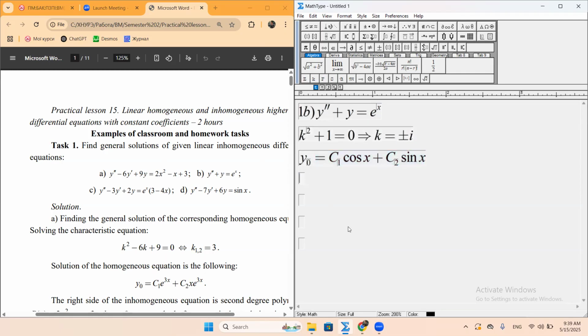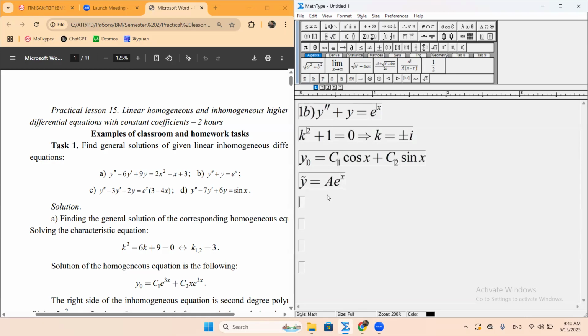So we find the partial solution in the following form: y partial equals a e to the power of x, so the exponent multiplied by a polynomial of power 0.